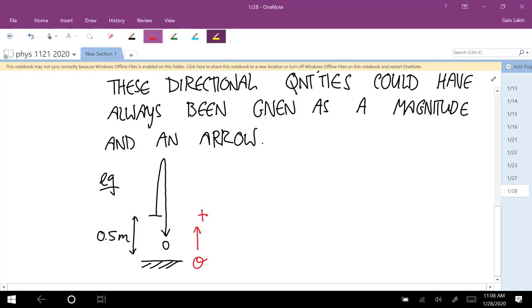Based on those choices, and this thing is in free fall, what's the acceleration of this object? That's right. So the acceleration would be negative g, or negative 9.81 meters per second squared.